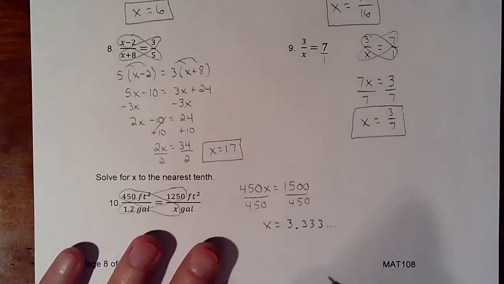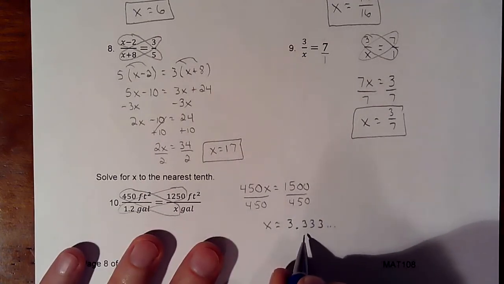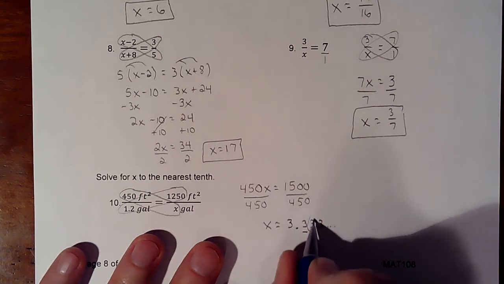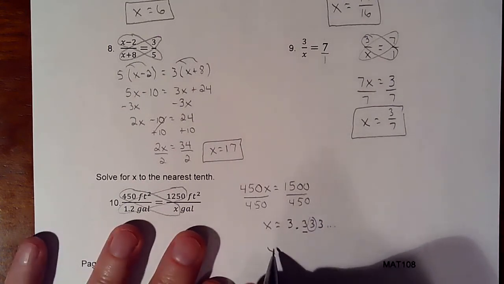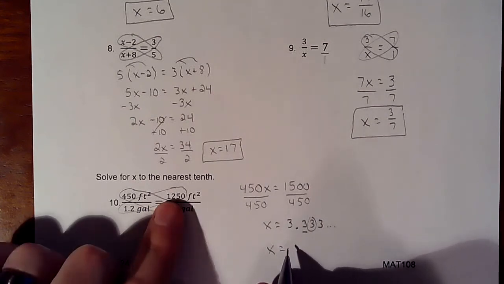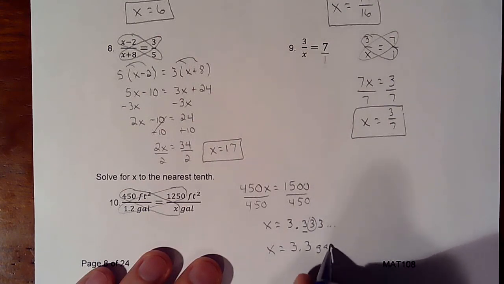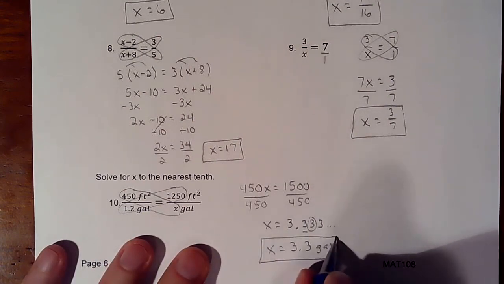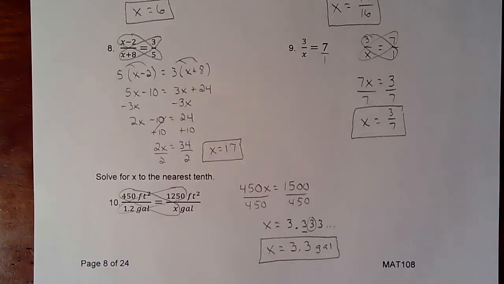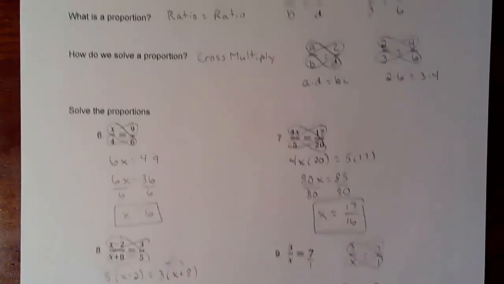Let's assume they said to the nearest tenth, so 1 decimal place. That 3 is not enough to do anything to that. So if we were painting 1,250 square feet, we would need 3.3 gallons. All right, and that was solving equations involving proportions.